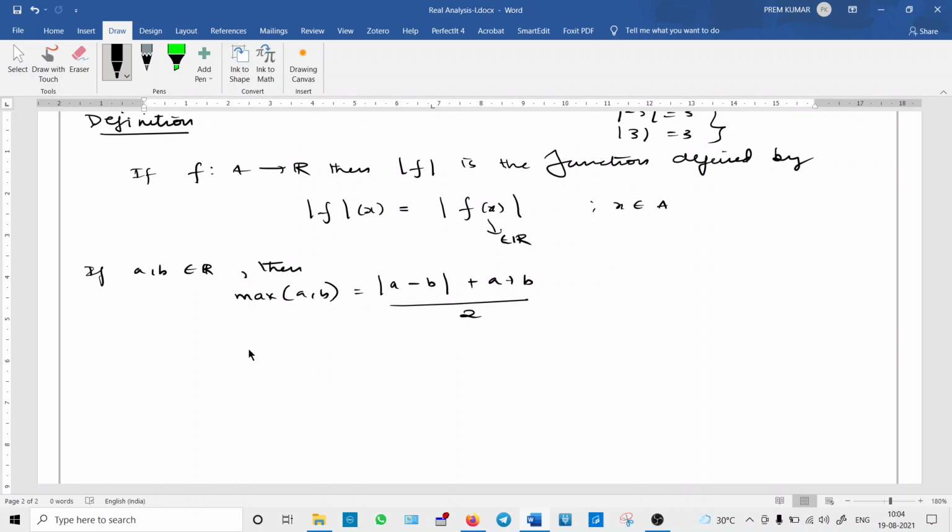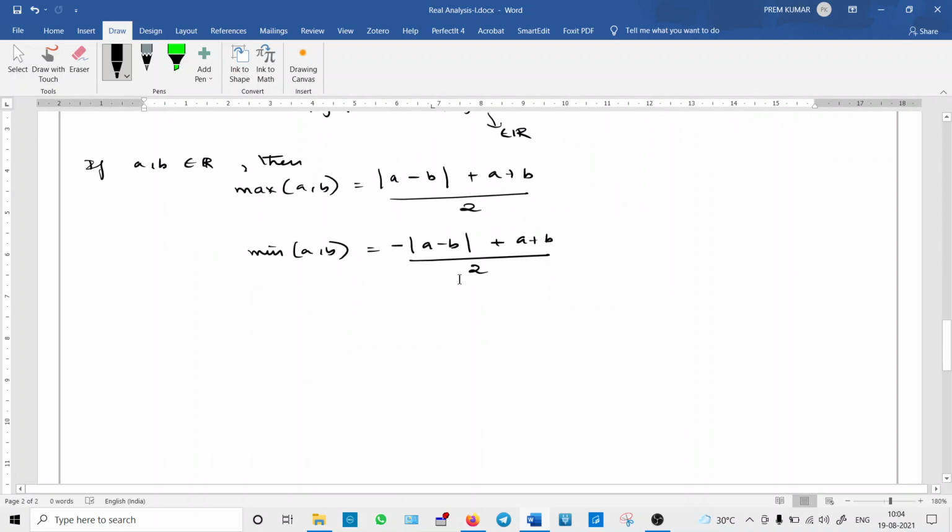This formula is already studied in lower classes. Now, how to find the minimum of two real numbers? What is the formula available? Minus of the absolute difference between a and b, plus the sum of a plus b, divided by 2.